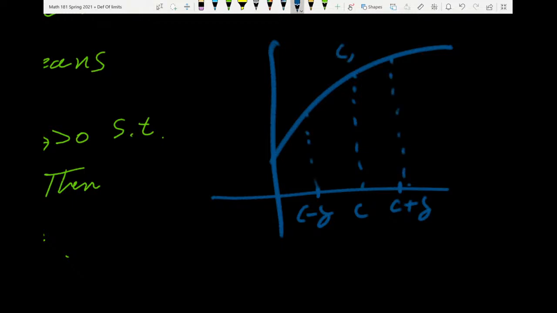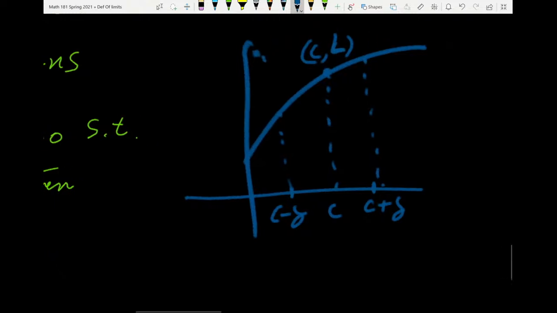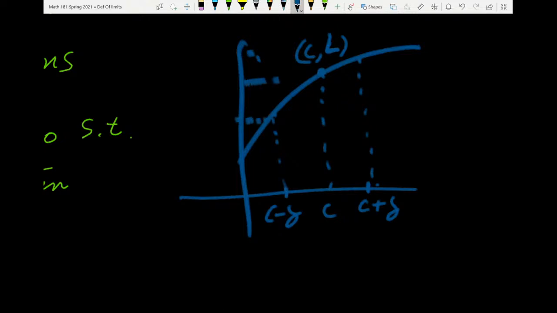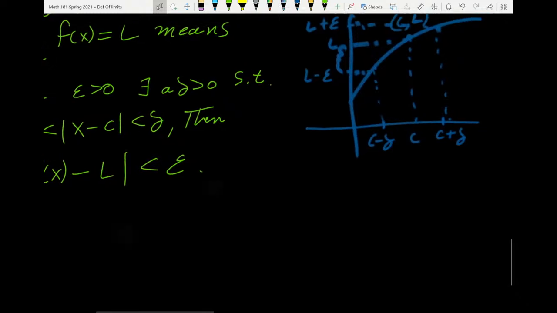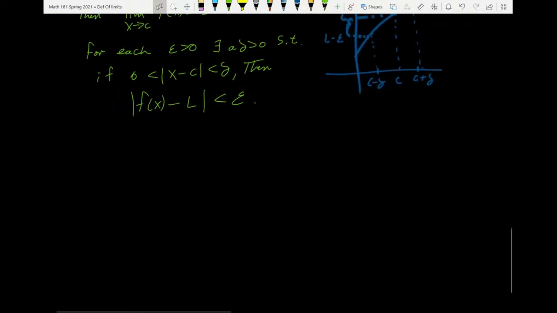And f of C equals L, so this point is C and L. It's saying that the distance you get right over here, given L, is going to be L minus epsilon, and this last one would be L plus epsilon. So let me give you the English meaning of what is happening.